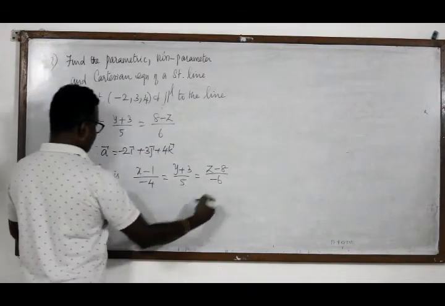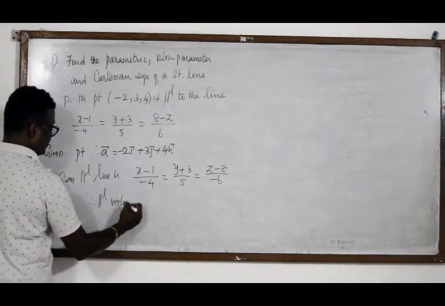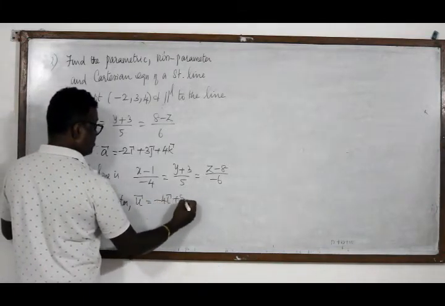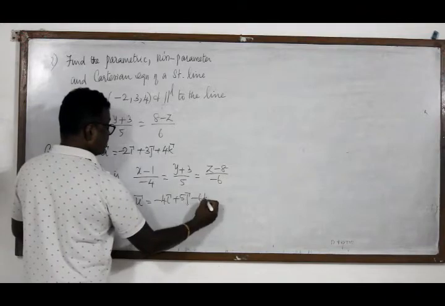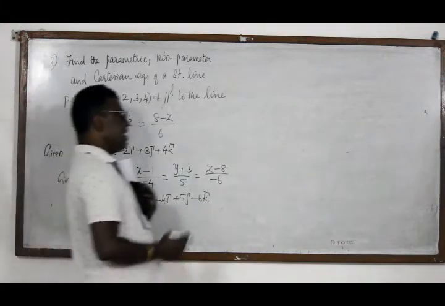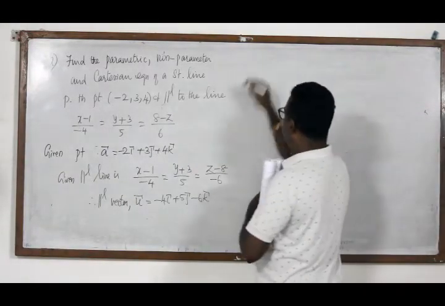Then these numbers are the vectors, therefore the parallel vector U vector is minus 4i plus 5j minus 6k. The numbers in the denominators are always the vector, and we denote the vector as U. So one point, one vector.